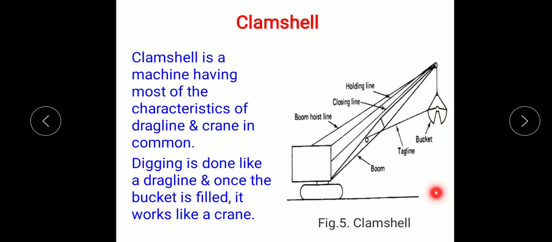After that a force is applied through the cable and this closing line. After the application of a force through this closing line and after reaching the particular level, the bucket gets closed, which fills the material in the bucket.